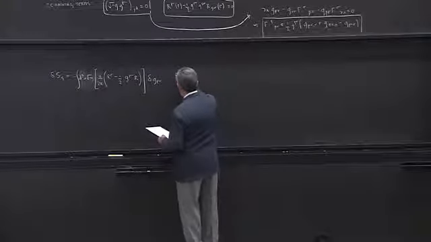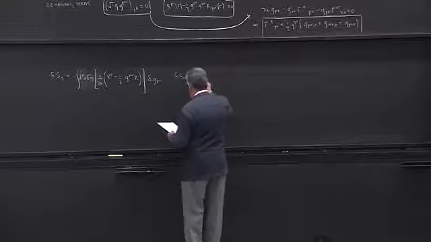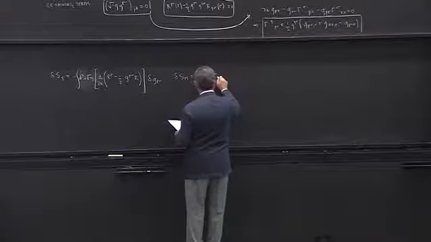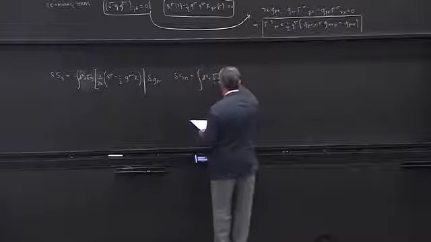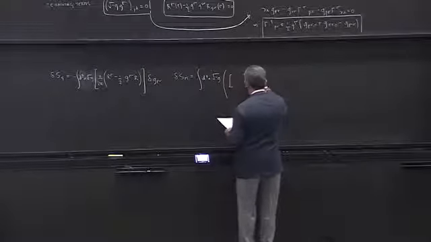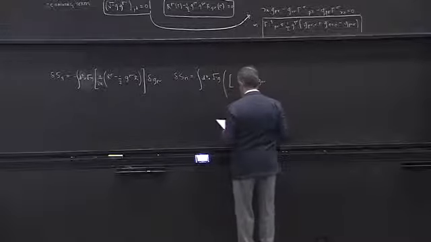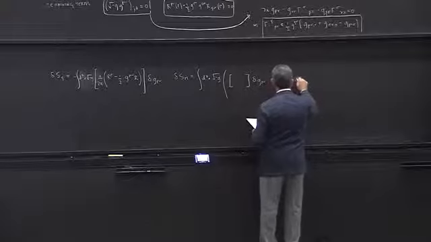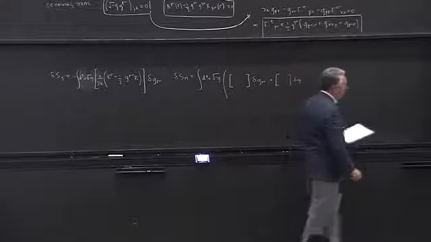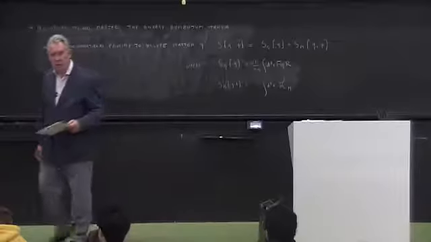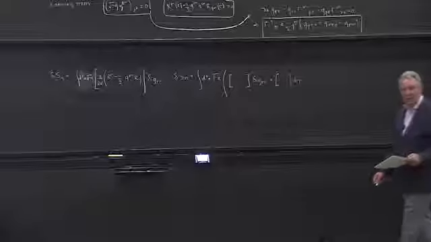And delta S_m will be a sum of two terms. One, and let's suppose this matter field has some index I, could be a mu, could be some internal index.